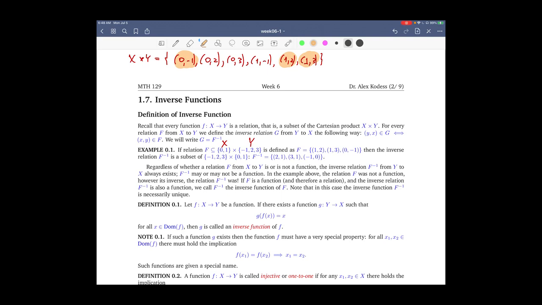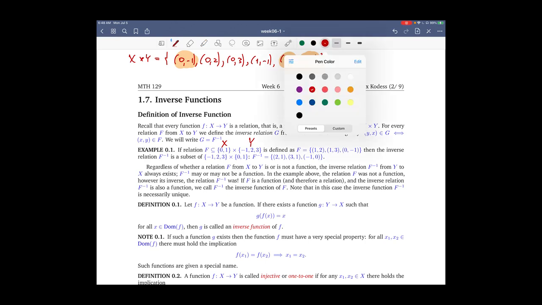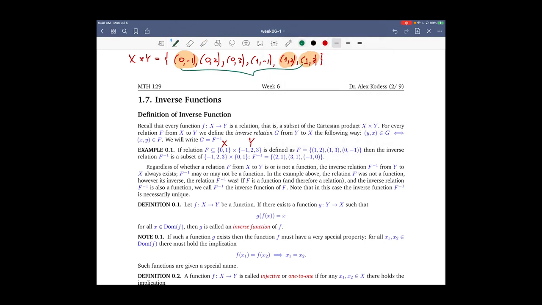Note, by the way, that my relation F in this example is not a function. Why is that? Well, this is because we do have two different pairs, (1, 2) and (1, 3), that share the same first coordinate.